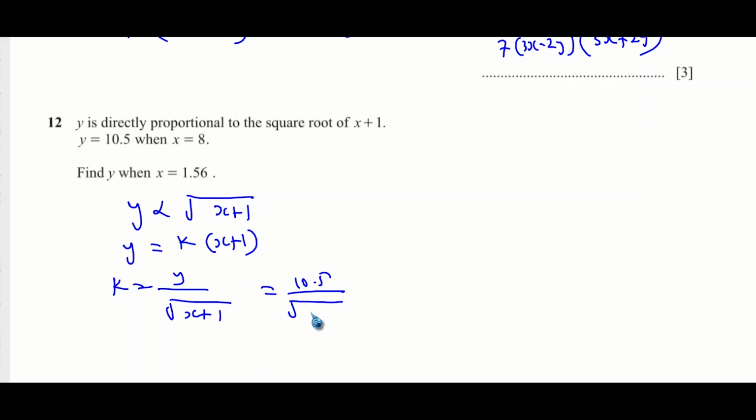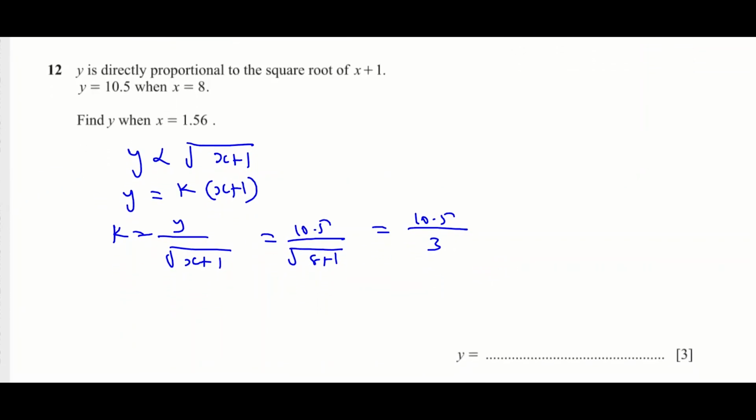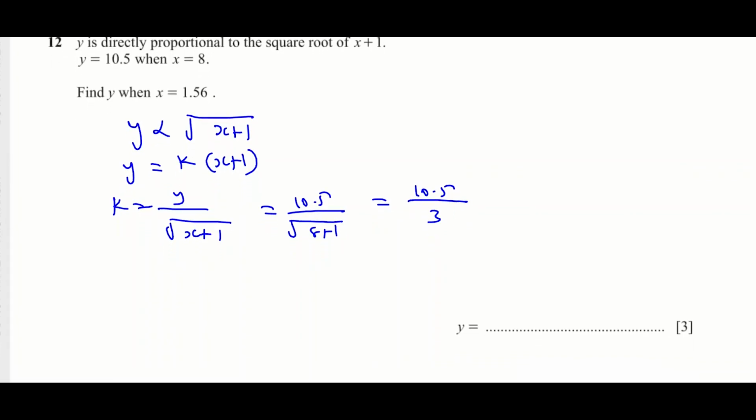That will be 9, 8 plus 1. So that will be equal to 10.5 over, this adds up to 9, so over 3. We can leave the value of k like this. Now find y when x equals 1.56. Let's substitute here.